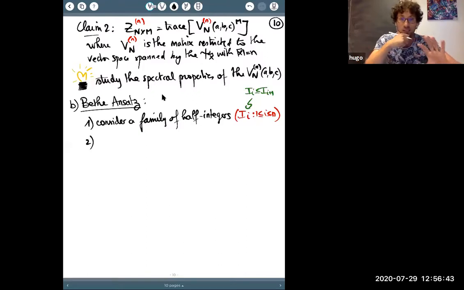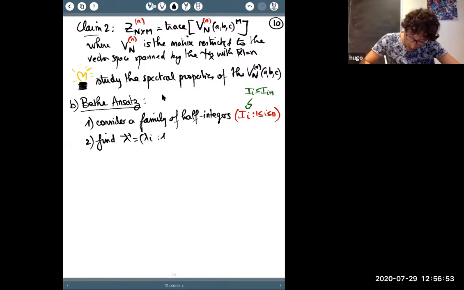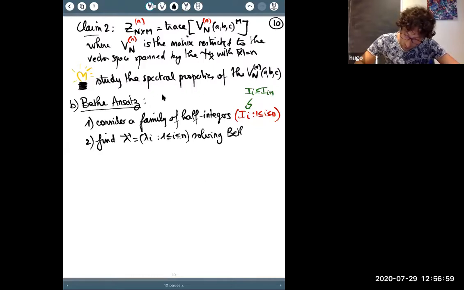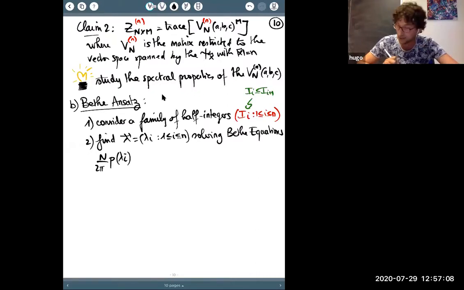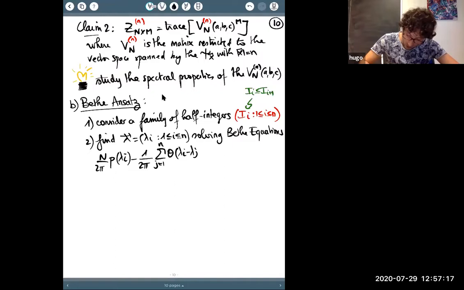Once you have given yourself these half integers, what you do is you try to find a solution lambda, which is going to be an n-uplet, solving the following Bethe equations. So what are these Bethe equations? You want that n over 2 pi times p of lambda I, where p is a certain function, minus 1 over 2 pi times a sum for j equal 1 to n of theta of lambda I minus lambda j, you want this to be equal to I for every I between 1 and n.